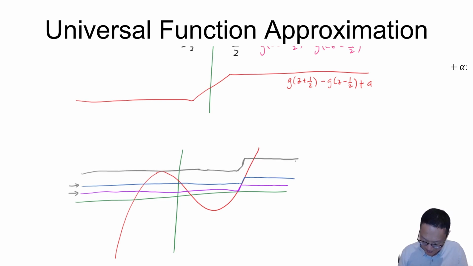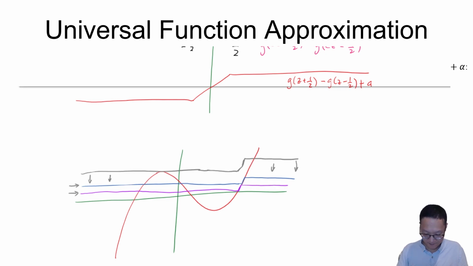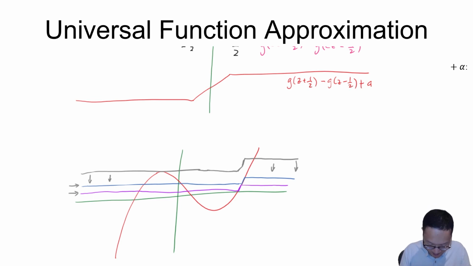And we can always bring down this gray function by adding a constant to it. And that will give us the black function.